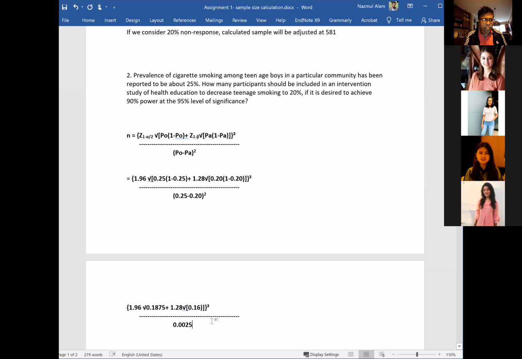So now we have a little less number here, as I have calculated. 0.16 root.